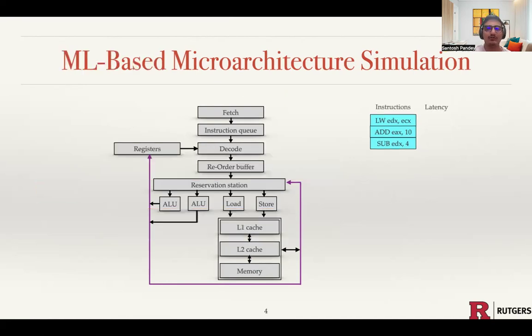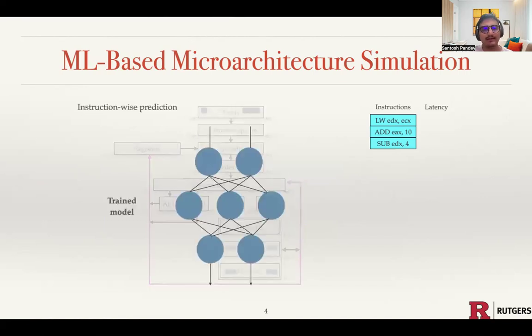On the other hand, overcoming the limitations of traditional simulators, we recently have machine learning based simulation. Instead of designing a software model for the microarchitecture, we replace that software model with a trained machine learning model, and we do instruction-wise prediction of latency.